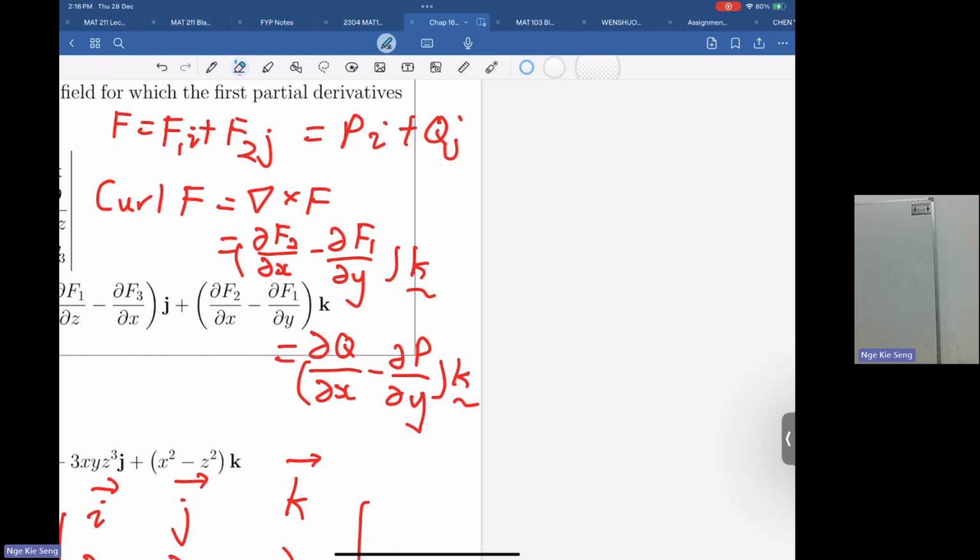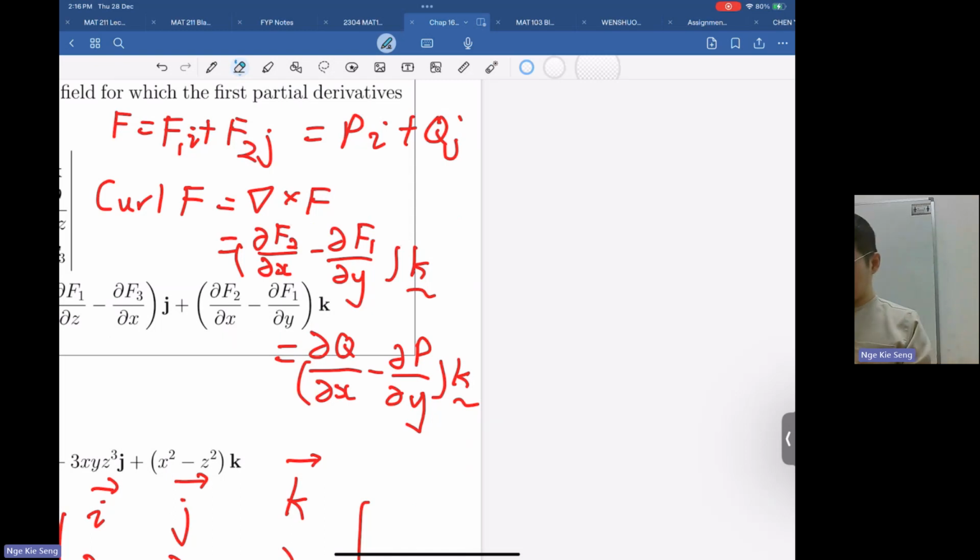But inside Green's theorem, there's no direction here. Why? Because in the flux computation, you need to dot with the unit normal vector, and the unit normal vector is outward, so it's k. So k dot k, you get 1.